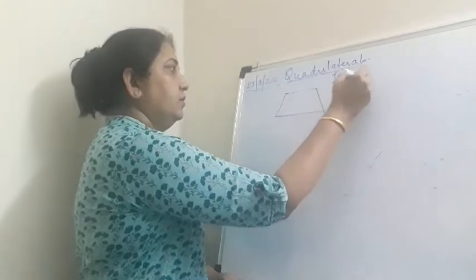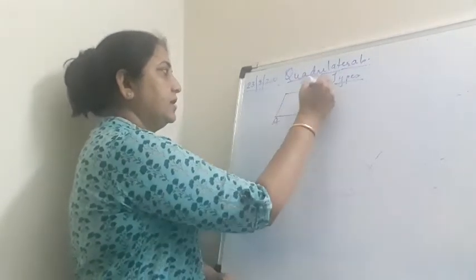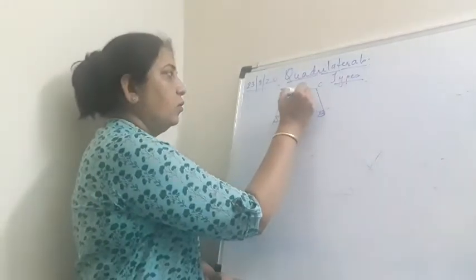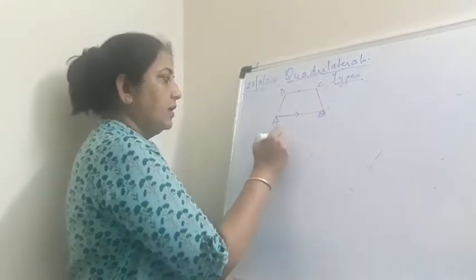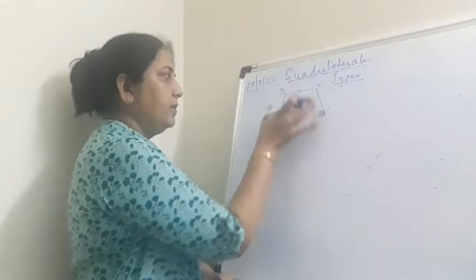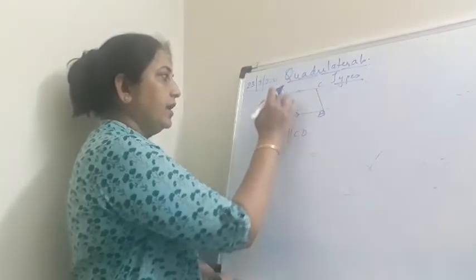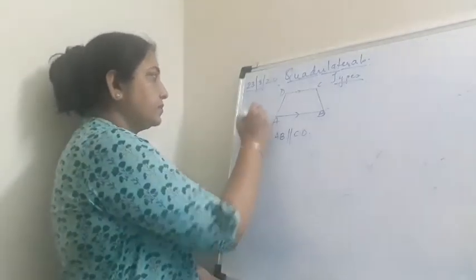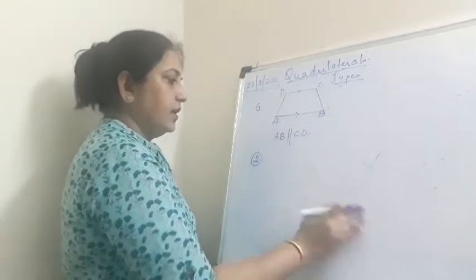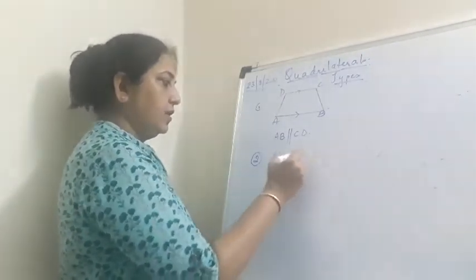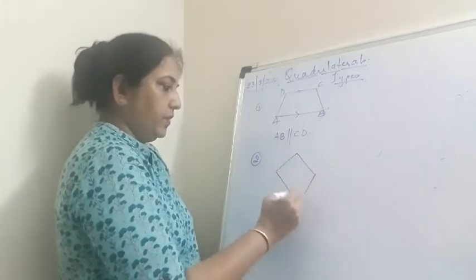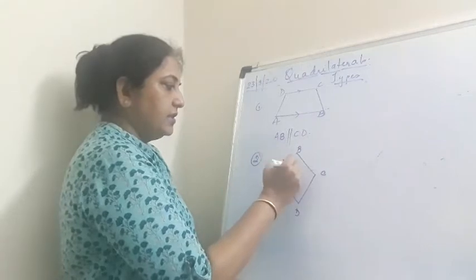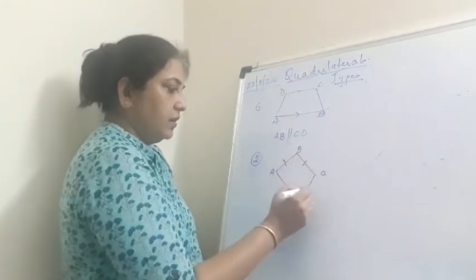Now you know that this is a trapezium. ABCD is a trapezium because it has one pair of parallel sides. I told you yesterday also that AB is parallel to CD, and AD and BC are the non-parallel sides. Then a kite is also a quadrilateral, ABCD, in which the consecutive pairs are equal.